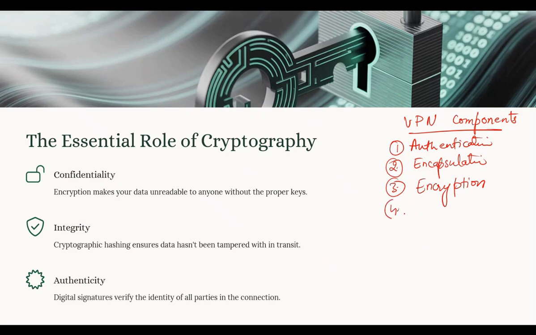Then next is data or packet integrity. Integrity here means making sure that the data is received as it was sent. There was no change in the data, there was no tampering in the data, it was unchanged. So to make sure of the integrity, hashing is used. Hashing uses checks through signatures.